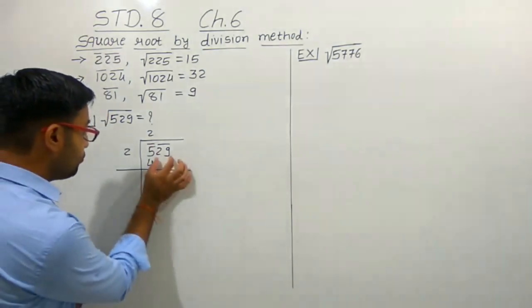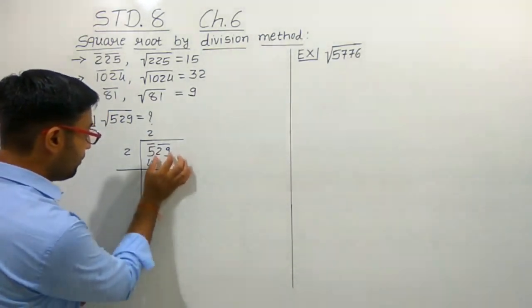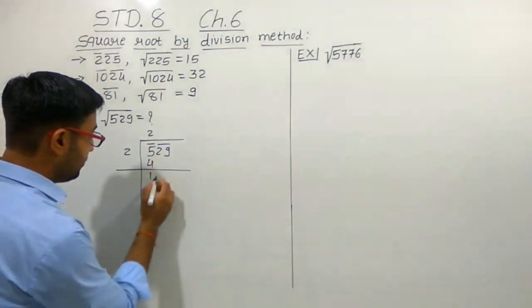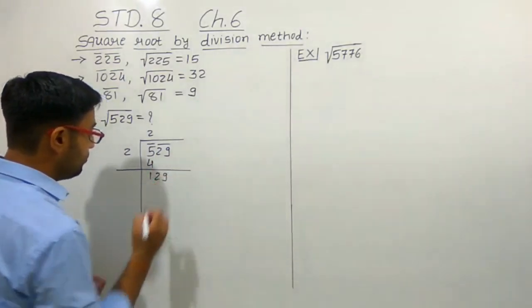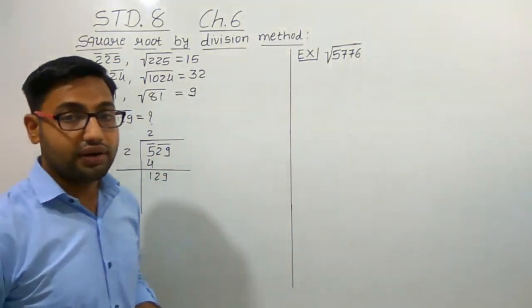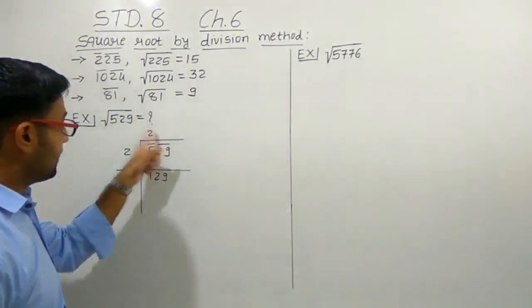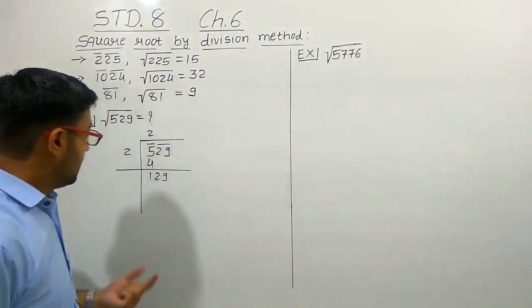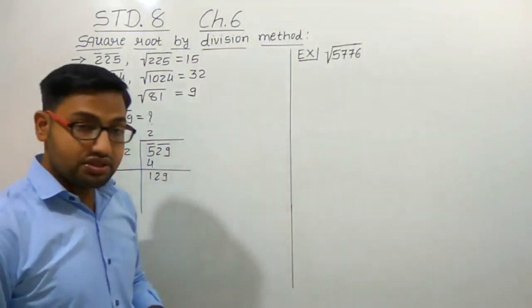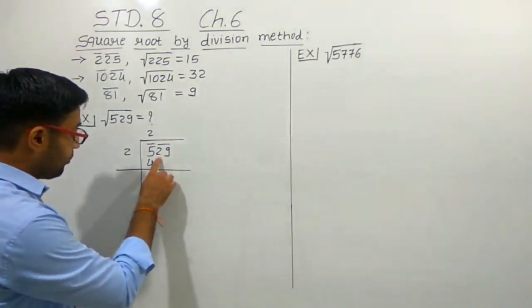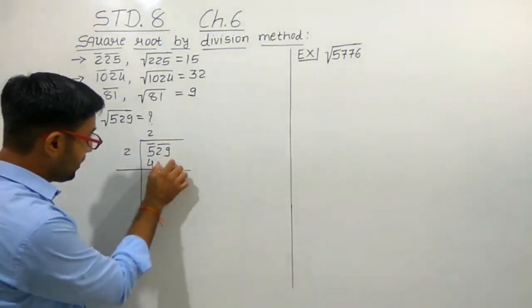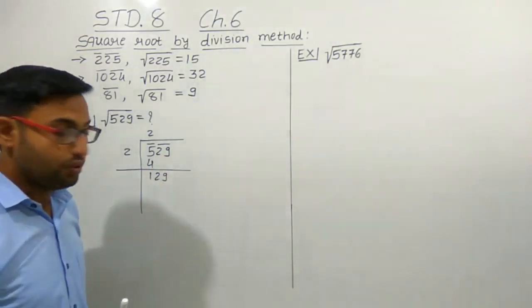The next step, we have to bring the whole pair 29 down next to the 1. So the new number we get is 129, and the first digit of the quotient we get is 2. Okay, so in simple division what we do is take only one digit, but here we have to take the pair of digits.